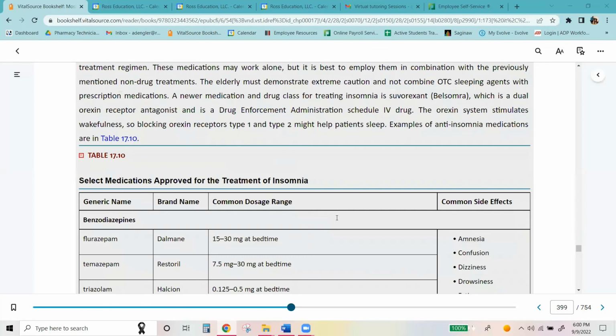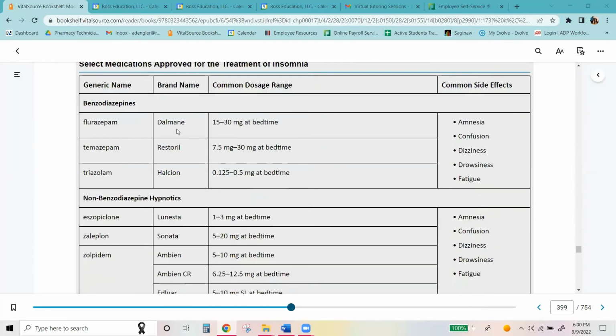And we have medications that are approved for the treatment of insomnia. So benzodiazepines. Benzodiazepines are also used to treat anxiety. These ones listed here usually are given for the treatment of insomnia, not anxiety.